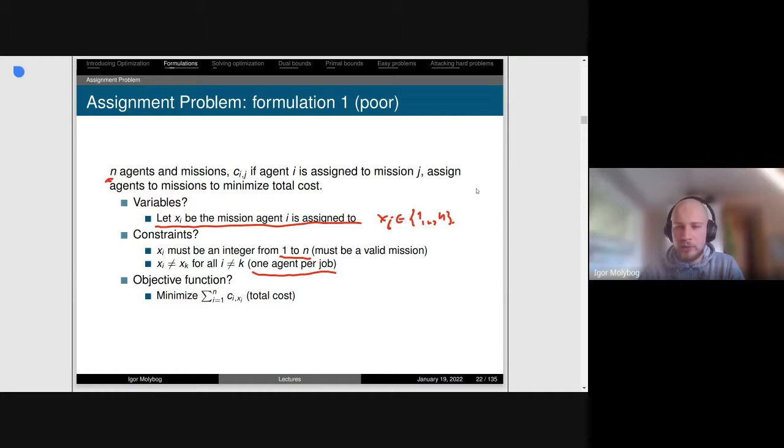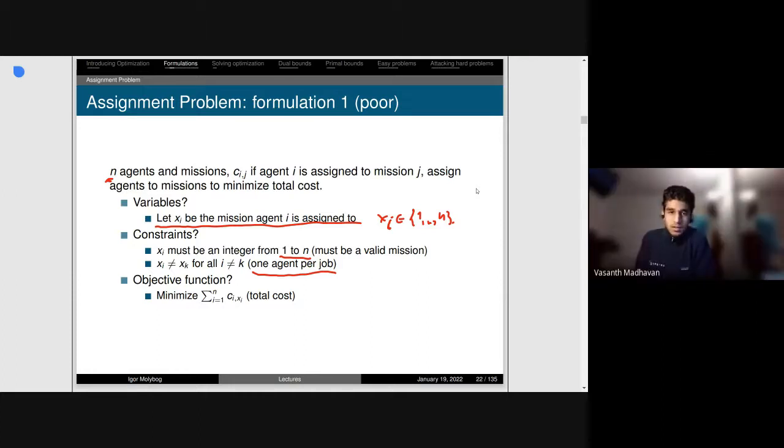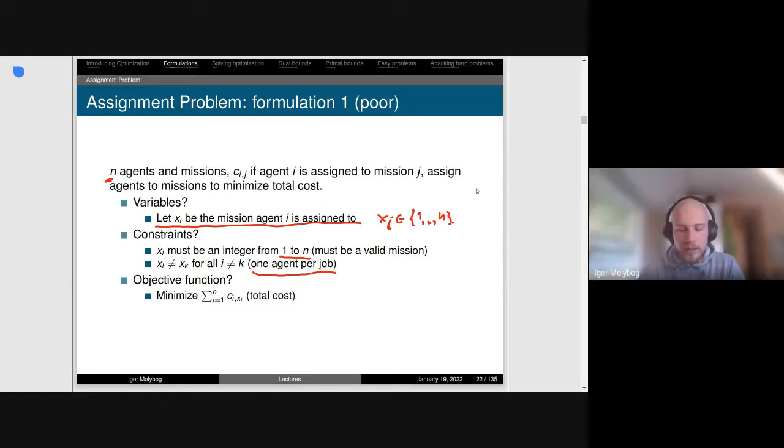Do we need that constraint here? I think so, because if you don't, then the optimal solution would just be to not do any of the jobs, and that would minimize cost. That's a good point.